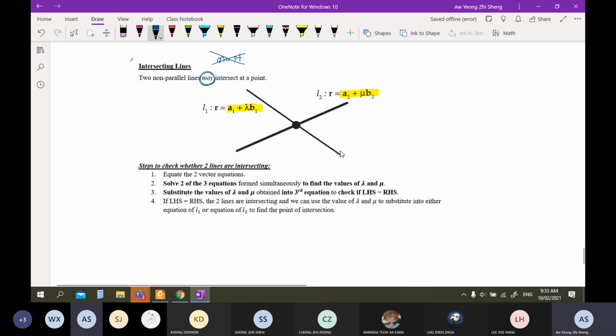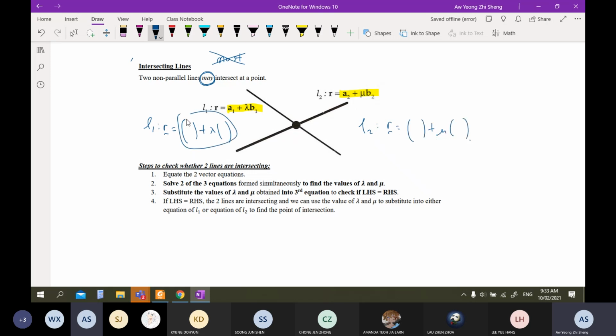Okay. Then next, you would solve two of the three equations formed simultaneously to find the values of lambda and mu. For L1, r is equal to something plus lambda something. And for L2, you have r equals something plus mu something.